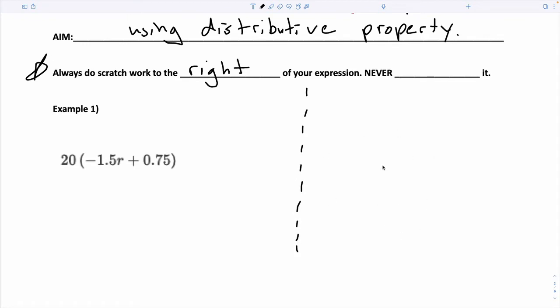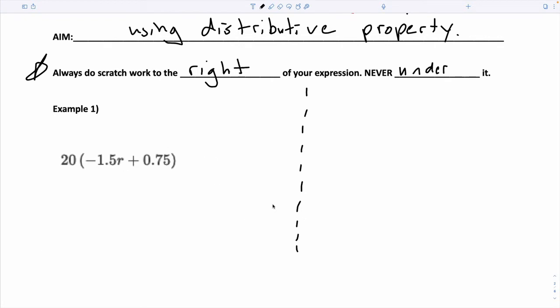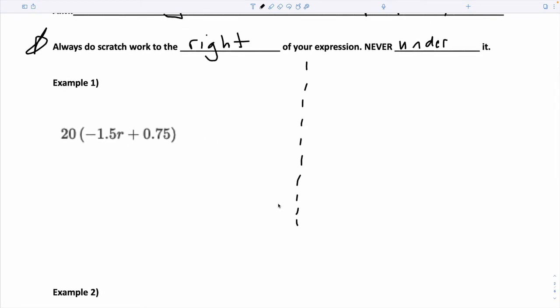And the reason for that is we never want to mess up what's under your expression. This is for all of my steps. So I'm never going to solve a multiplication decimal problem right here. This space is reserved for step by step through the process until I get the answer. Let's see what that actually means in the first example.